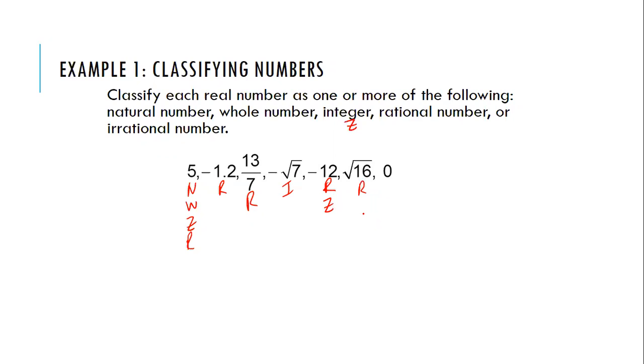It is rational and it's an integer and it's a whole number and it's natural. Do you understand why? What is the square root of 16? 4. And it falls into all those categories, right? And then what about 0? A whole number, an integer, which makes it rational.